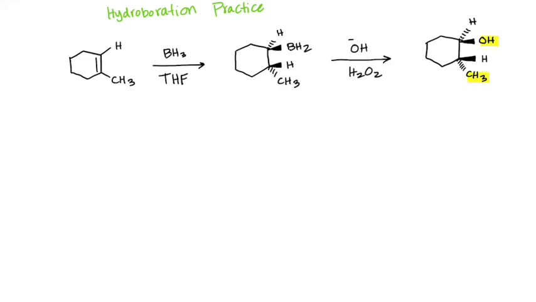The next example that I have, and before I move on to it, let me just tell you that the hydration of this compound would be something similar, but the OH would follow Markovnikov's rule, meaning that the OH would be on the more substituted carbon at the end. And then it could happen both in a syn fashion or an anti fashion, so you wouldn't really have to care about stereochemistry.